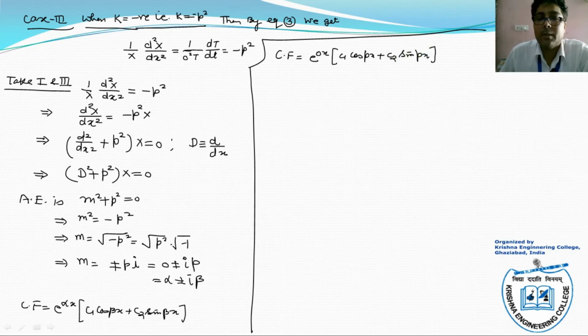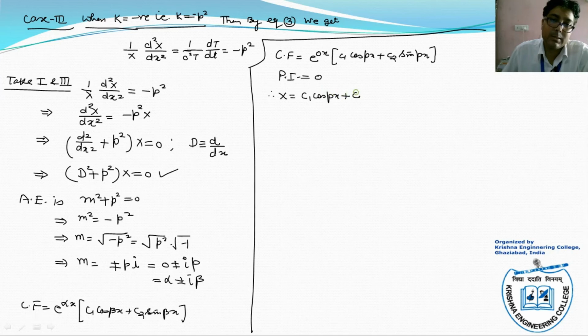Clear? So the PI in this equation is equal to 0 because RHS of this equation is 0. So the complete solution capital X is equal to CF plus PI. That means C1 cos px plus C2 sin px.